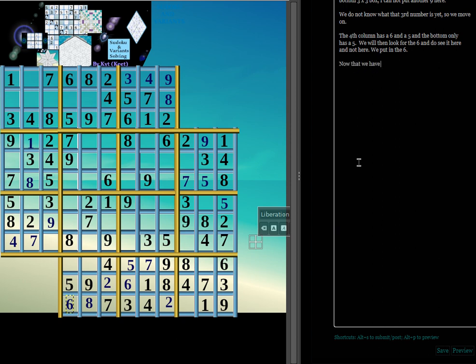Now that we have filled in all the easy numbers, we look for other givens, as I call them. Let's look for all the 3 by 3 grids where only one empty square is found.